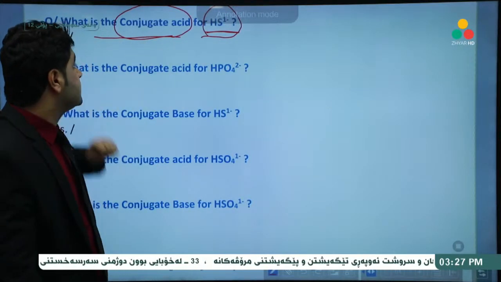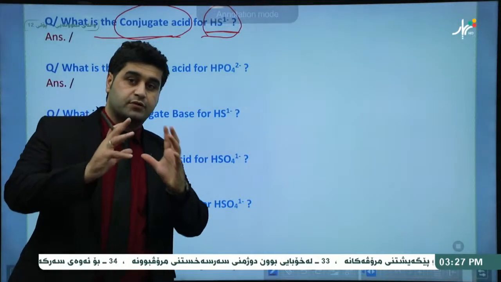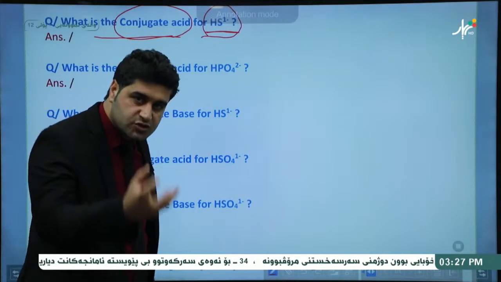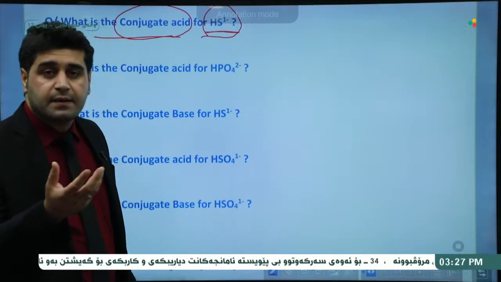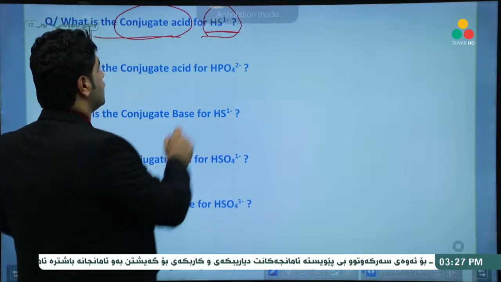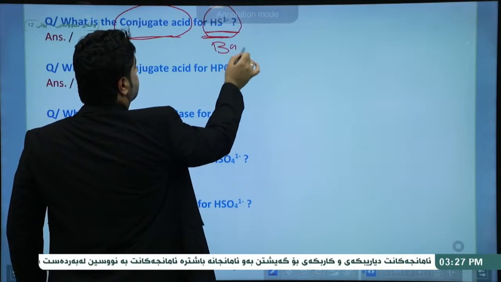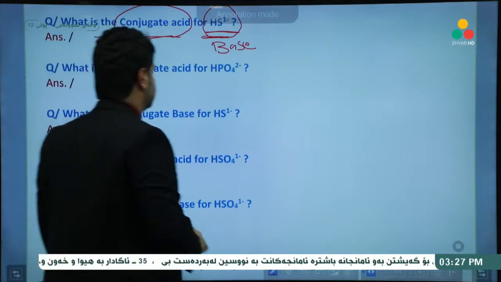How can we create a conjugate acid, if you remember? Of course, we should have a Brønsted-Lowry base, and it should gain a proton, then it will be a conjugate acid. So this is a Brønsted-Lowry base. It should gain a proton to be a conjugate acid.